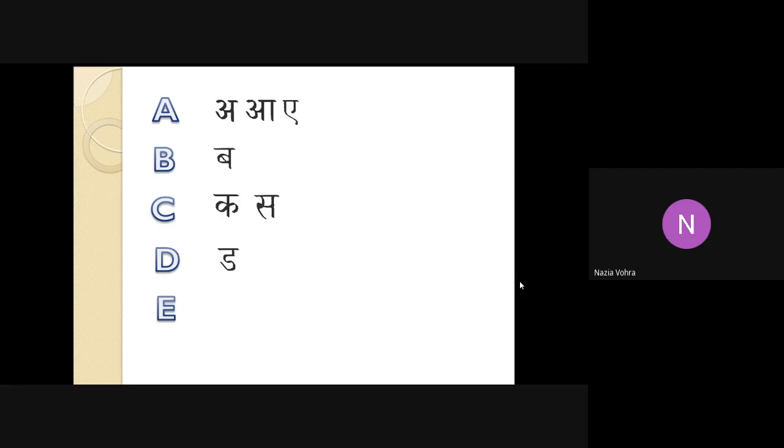The next letter is E. And the sound for E is as in egg, and as in EYE. Both start with E, but they have two different sounds.